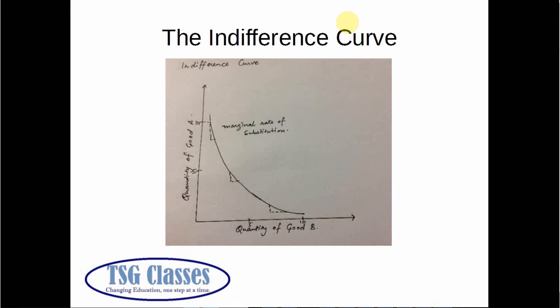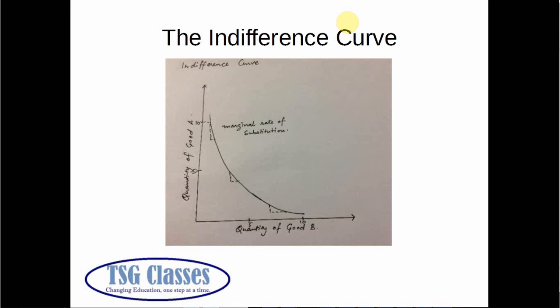When you were consuming 10 slices of pizza in a day, you were overstuffed with pizza. So for the first dosa, you were ready to trade off some quantity of pizza slices in order to get it. Along the indifference curve, the total utility for the combination of goods remains the same.